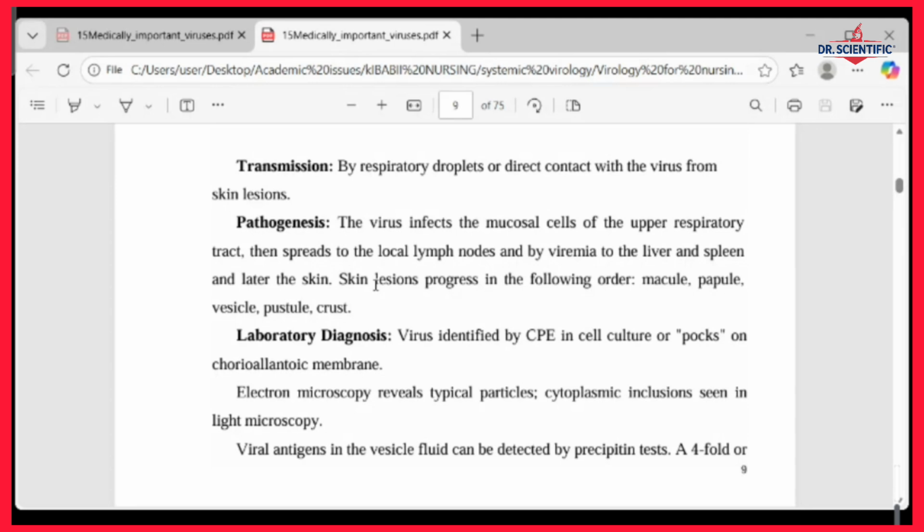That's what we call crust. So that's how it develops in that order, from the macule, papule, vesicle, pustule, and then crust.